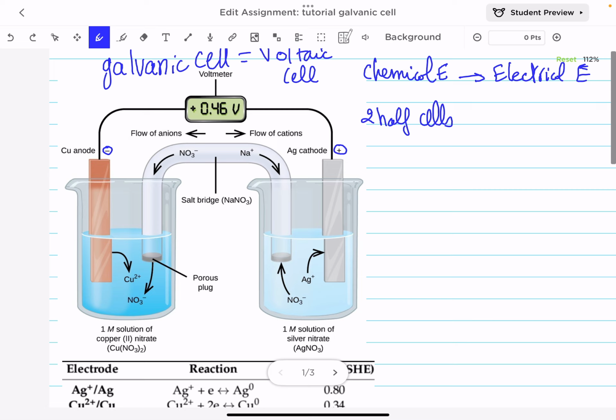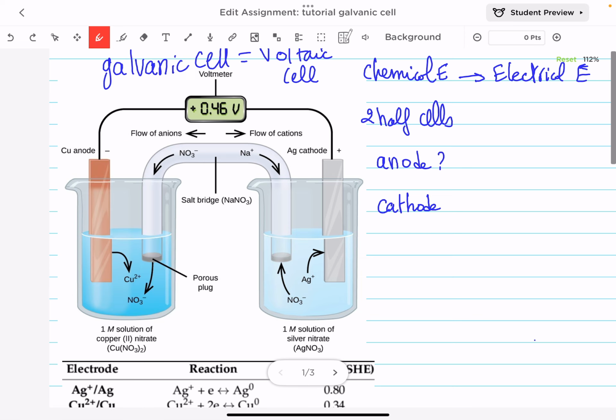I am going to explain it, and then I'll give you examples of other galvanic cells in which there are no annotations, and I will tell you how you can still know which one is the anode and which one is the cathode. So the most important part when you are looking at a galvanic cell is to know which one is the anode and which one is the cathode.